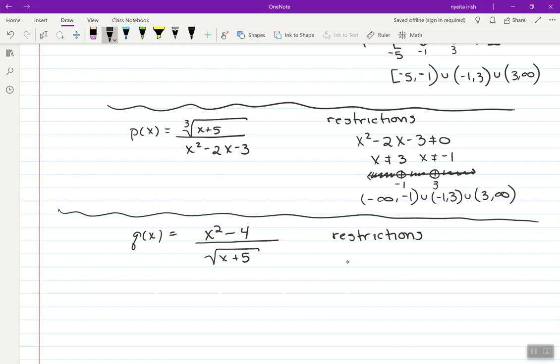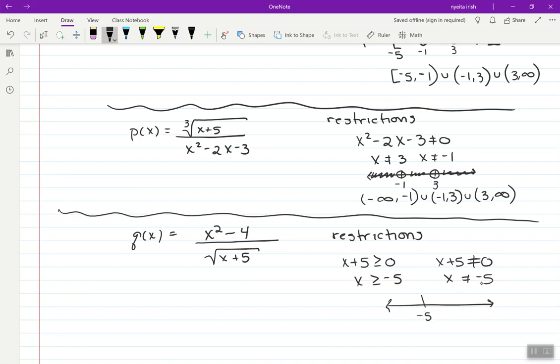I have underneath a radical that's even root. So normally I would do greater than or equal to 0, but because it's in the denominator, it can't be 0. So when I solve this out, x has to be bigger than or equal to -5, but x can't be -5. You're telling somebody on the number line, here's -5.